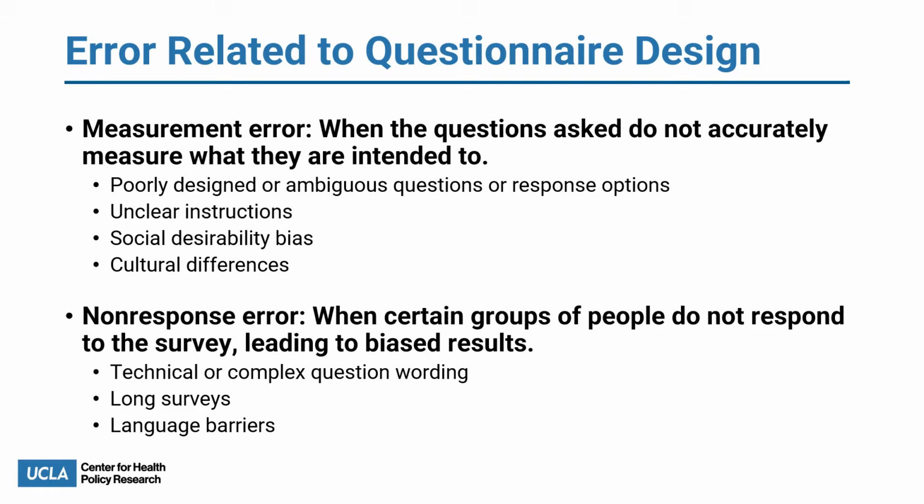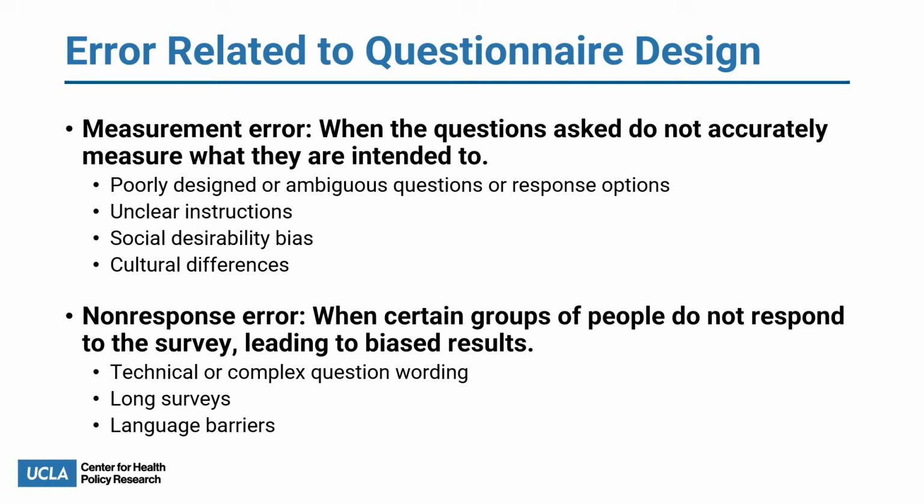This can happen when questions are vague, culturally mismatched, or include complex language that's hard to interpret. It can also result from social desirability bias, when respondents answer in a way they think is expected, rather than answer honestly.